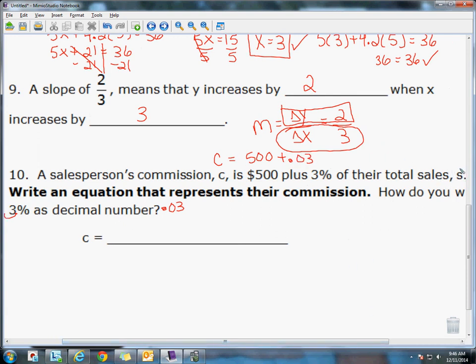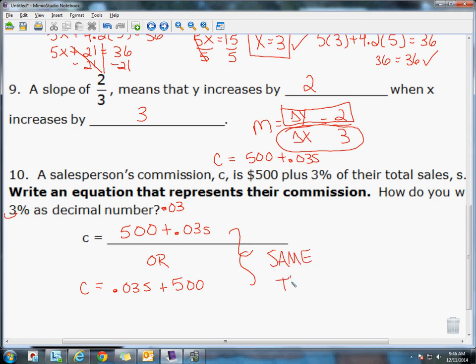We don't know their total sales, so we're going to use S. So C equals 500 plus 0.03 S. Or you can also see it flip-flopped to where it'll say C equals 0.03 S plus 500. These two equations are the exact same thing. It's just flip-flopped, but it'll still get you the same answer. And you can see either one on your test.